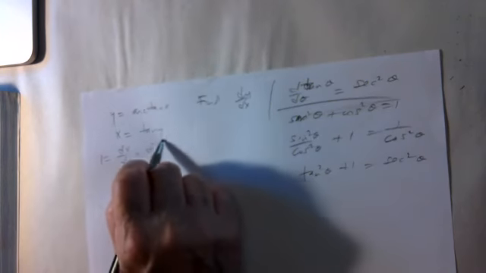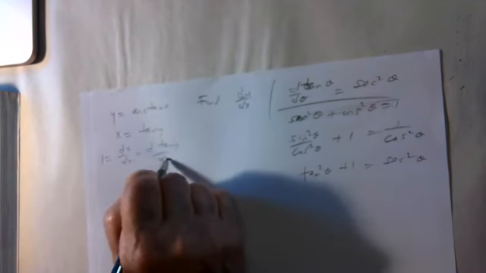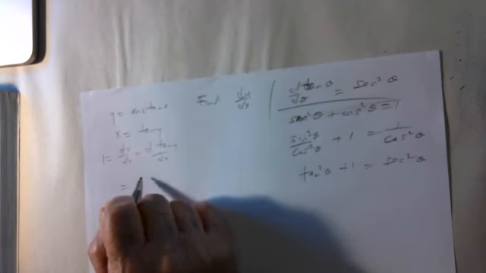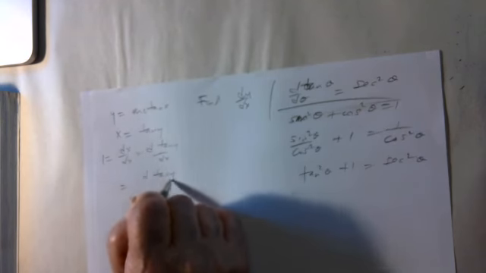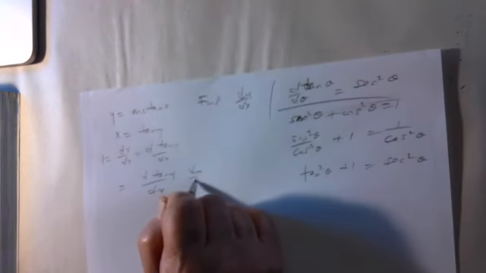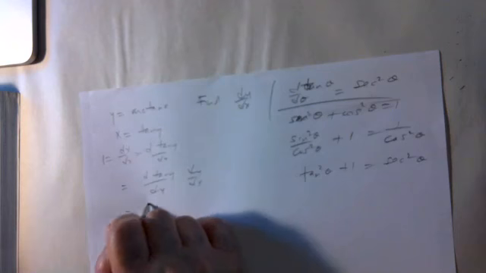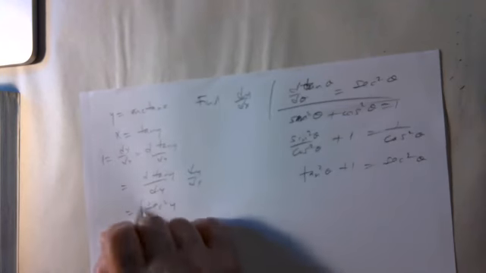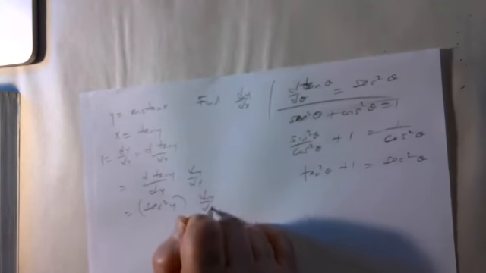Now, if we differentiate x with respect to x, we get 1. That's the derivative of the tangent of y with respect to x. That's the derivative of the tangent of y with respect to y, times dy dx. This is equal to secant squared y dy dx.